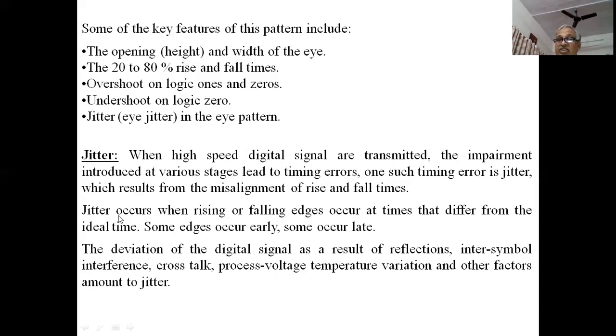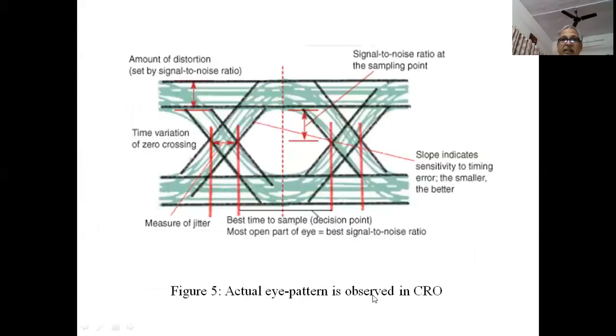Some edges occur early or some occur late, so there is a difference in time. This is known as timing jitter. The deviation of the digital signal as a result of reflection, inter-symbol interference, crosstalk, process voltage temperature variation, and other factors amounts to jitter. And this is the eye pattern observed in the CRO.